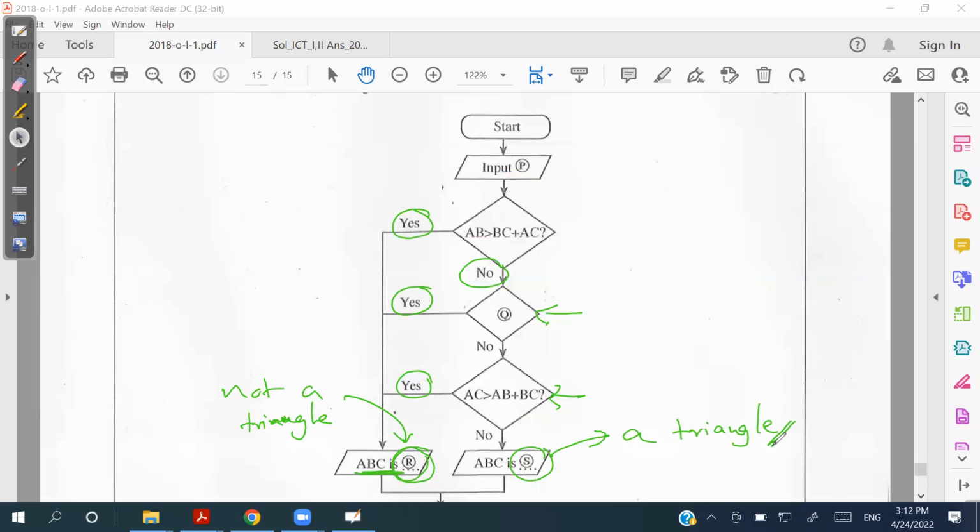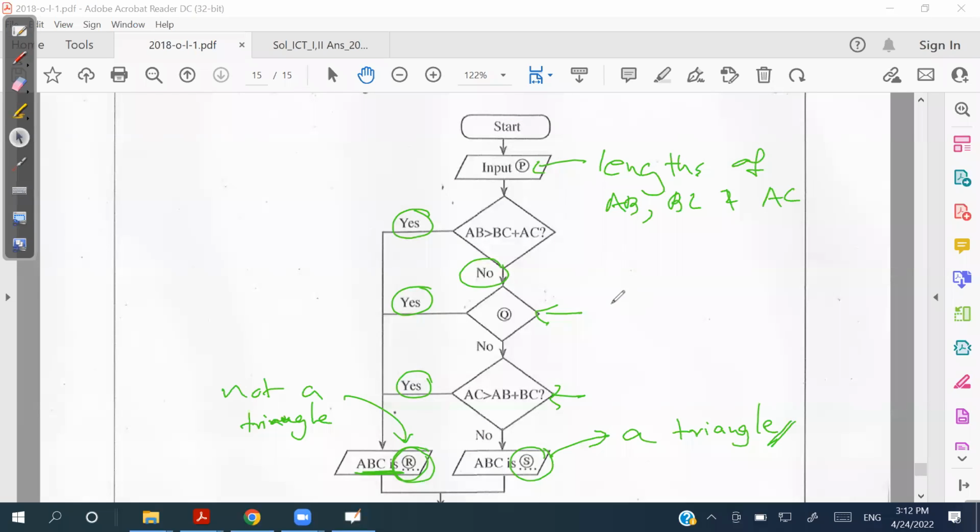Let me recap it again. P is going to be input lengths of AB, BC, and AC.